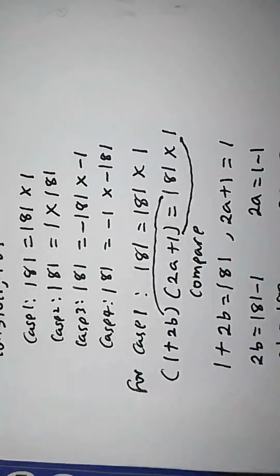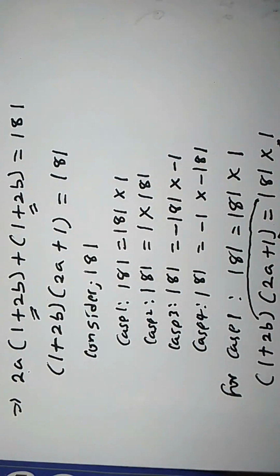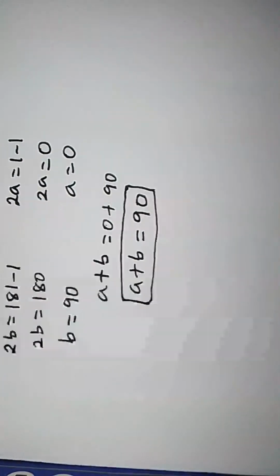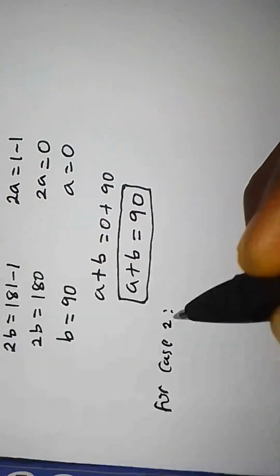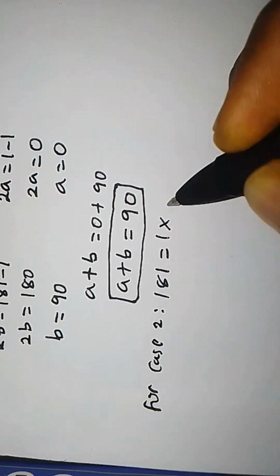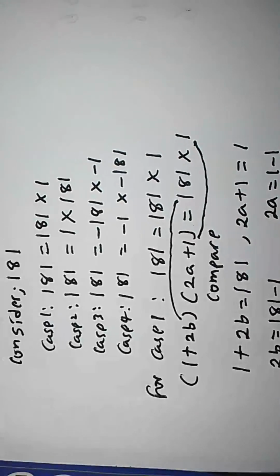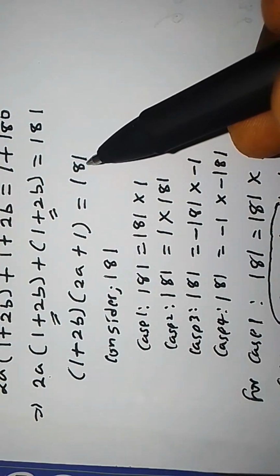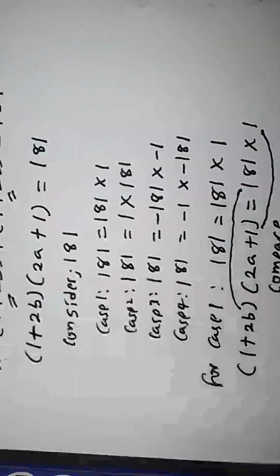Now, let us consider case 2. Case 2 is 181 equal to 1 times 181. We just want to replace this 181 by 1 times 181 in this expression.